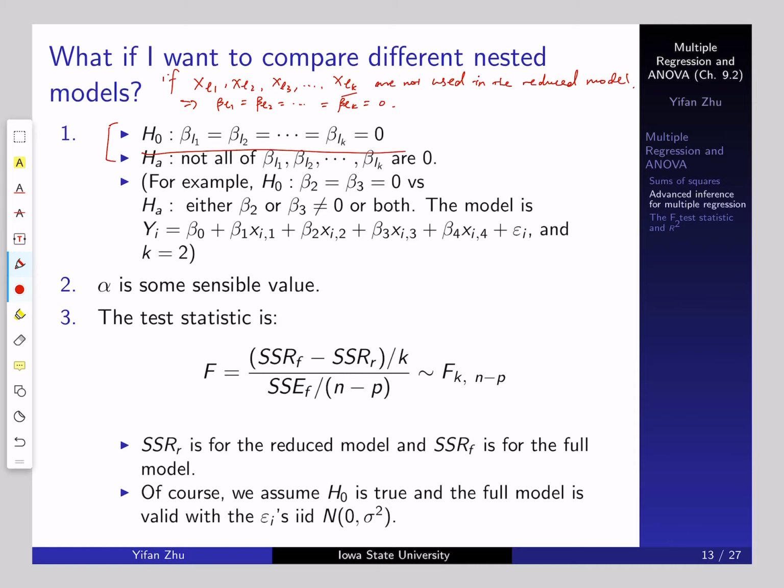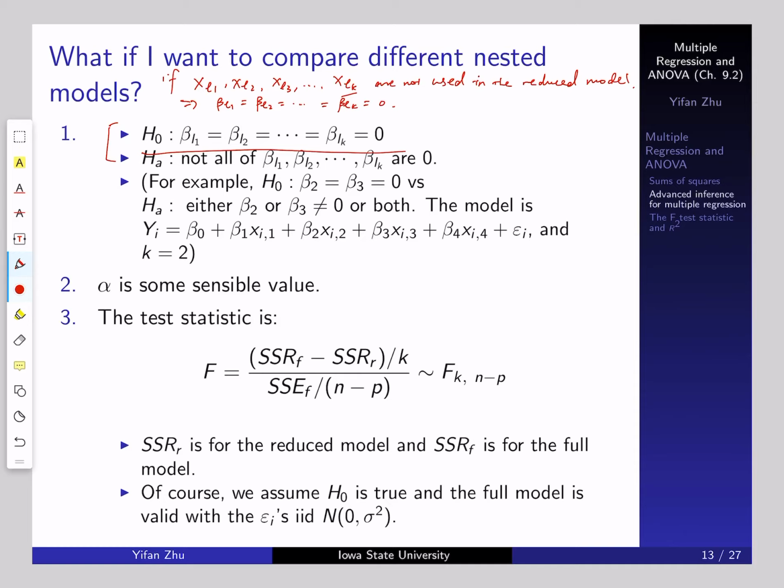And the alternative is that not all of them are 0. So that means the full model is better than the reduced model, right? Because the reduced model is actually not right. We need more parameters.